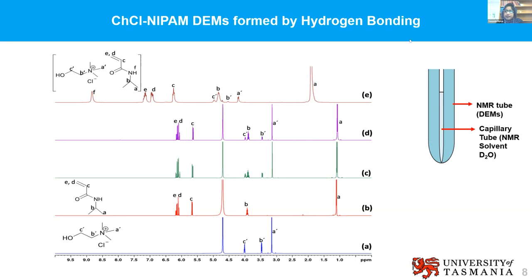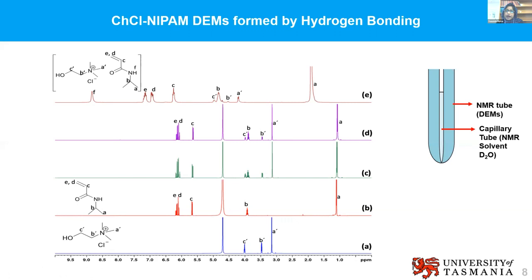Then we took it a different way: we took the NMR solvent in a sealed capillary tube, with the deep eutectic monomer within the NMR tube, and then we got NMR spectrum E, which showed that yes, all the individual spectra were present there with a chemical shift, and also broad peaks.